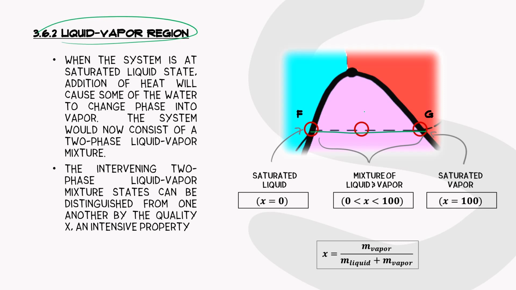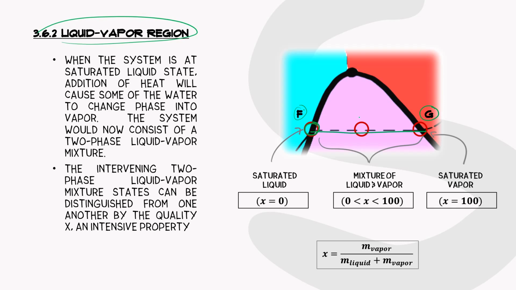Some portion of the substance is in liquid while the other portion is in vapor. At this point we use the subscript F, and at the saturated vapor point, we use the symbol G. Anywhere in between is a mixture.